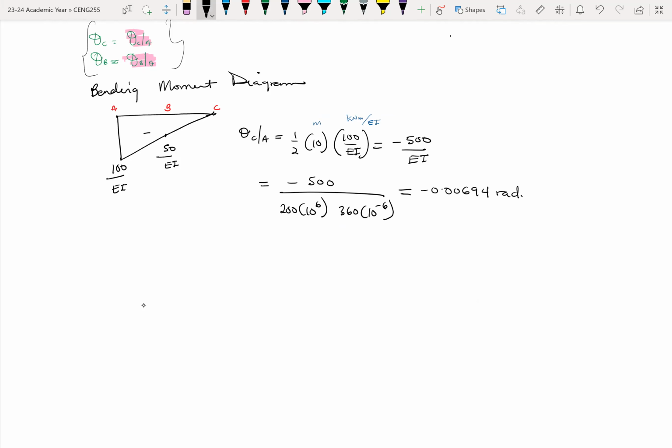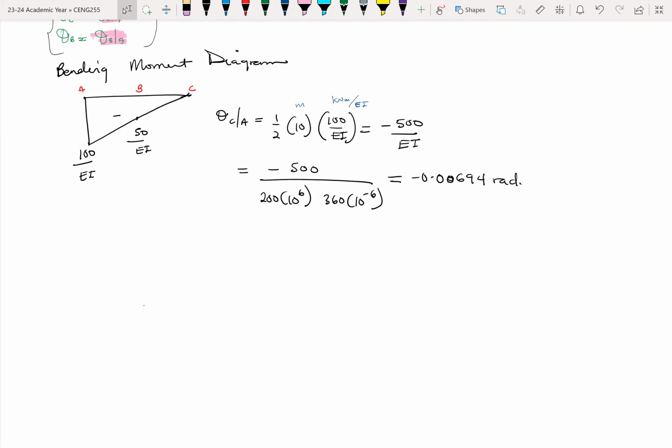And usually we don't like to write answers in this form, because it's not engineering enough. So the best way is to convert this into significant figures. So it becomes minus 6.94 times 10 exponent minus 3 radians. So this is the engineering way of writing your answer.